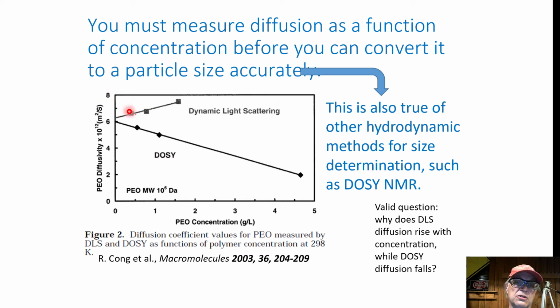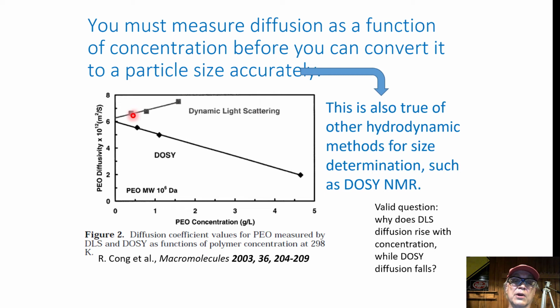Here I want to introduce another concept about dynamic light scattering, which is that it is concentration dependent. And any radius or diffusion coefficient that you get from it, strictly speaking, should be extrapolated to 0 concentration. So you should make, let's say in this case, 1, 2, 3.